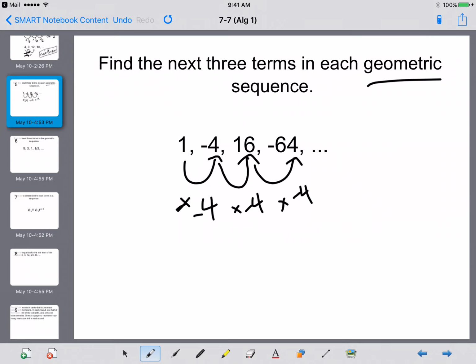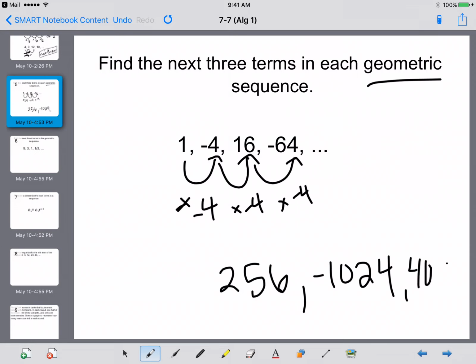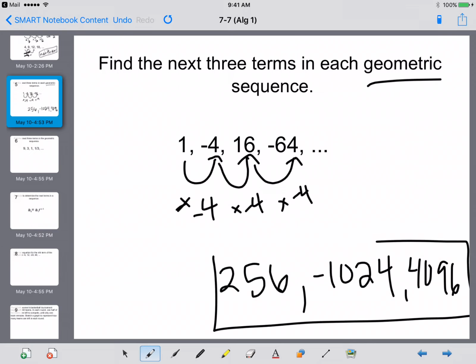So then we're just going to go -64 times -4 is 256, times -4, and I'm literally just punching this into a calculator. So 256 times -4 is -1024. And then times -4 again to get us 4096. So those are the next 3 terms in my geometric sequence.